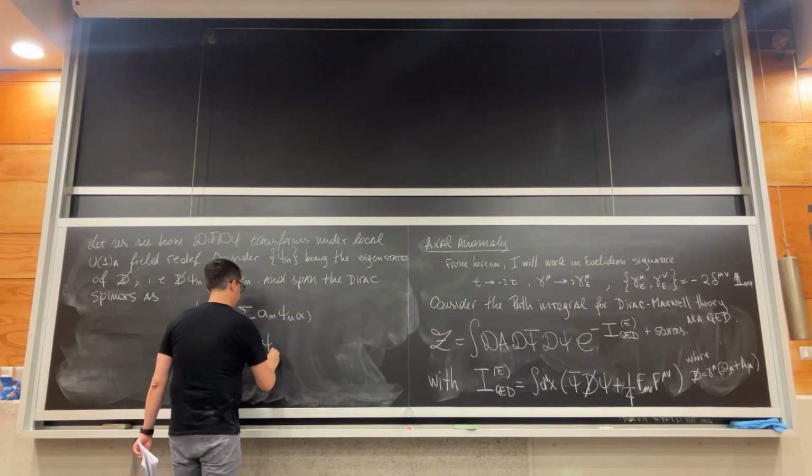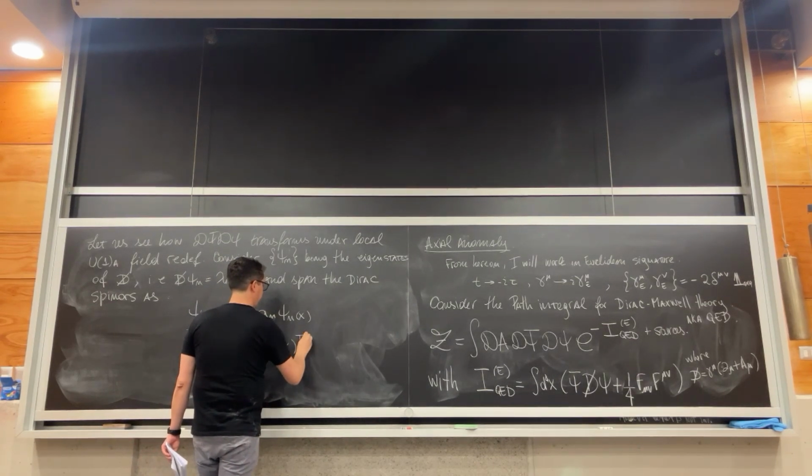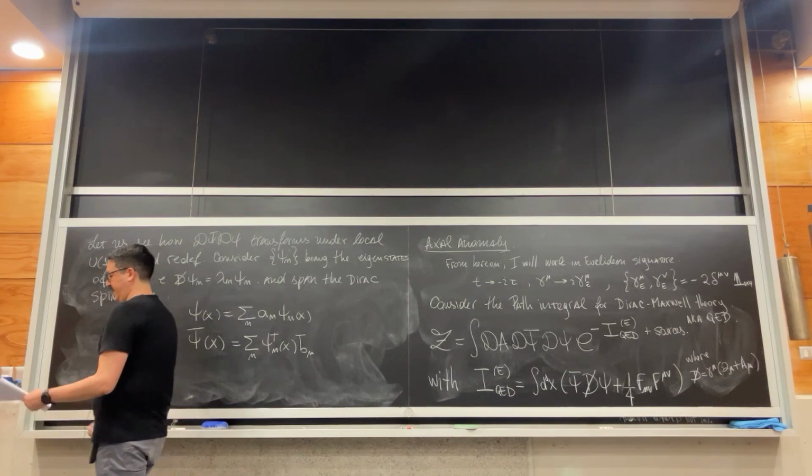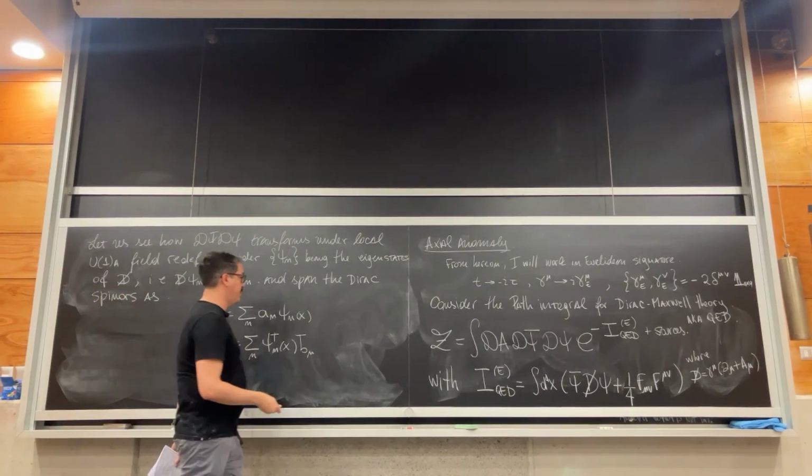So this is the expansion, and a and b are Grassmann numbers.